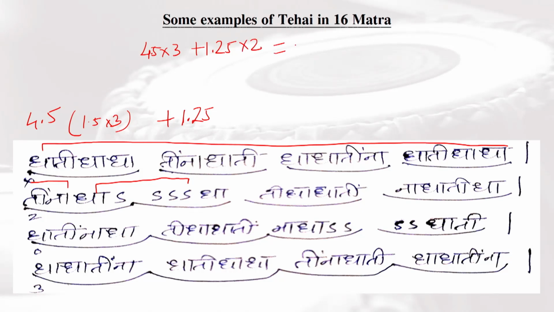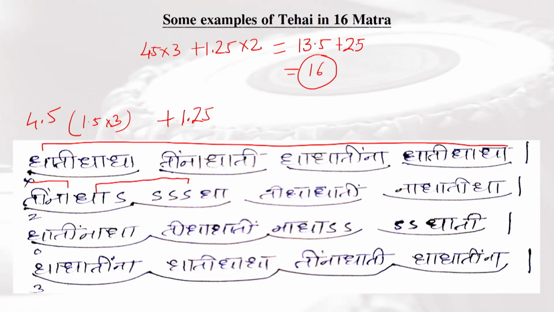So we get 4.5 into 3, that is 13.5, plus 1.25 into 2, we get 2.5 here. So total we get 16 matras here. So see, this is the first Tehai in Teen Taal.